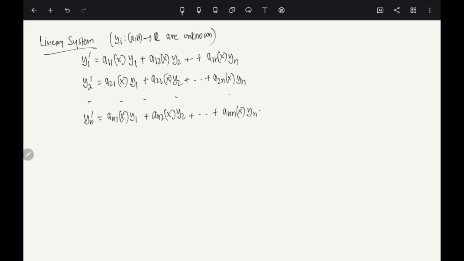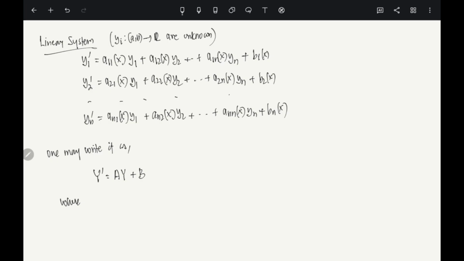If your system looks like this, then we can of course write it as an equivalent system: y prime equals A times y plus b. Where b is b1 of x, b2 of x, up to bn of x. If b is 0, it is called a homogeneous one.